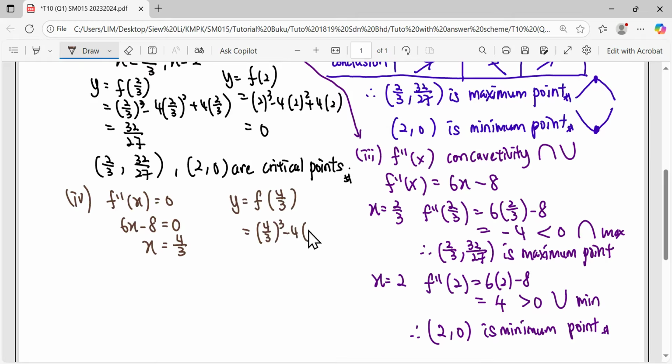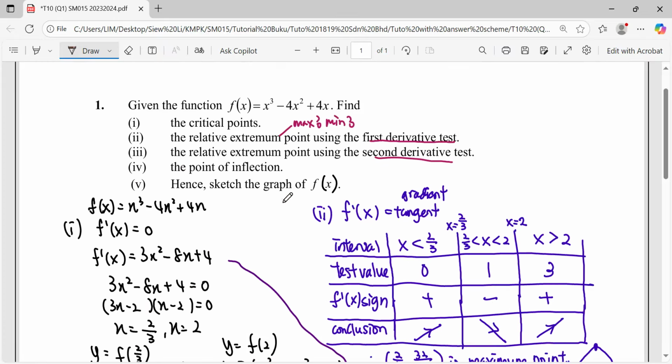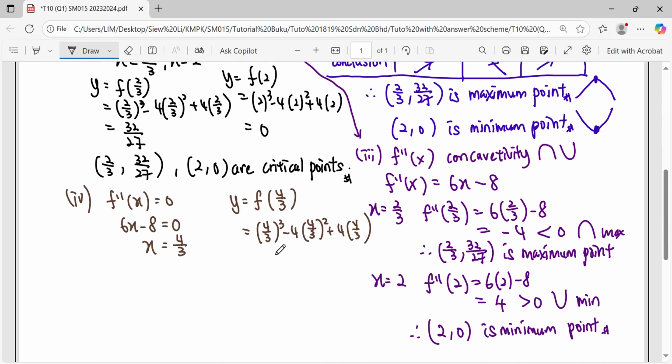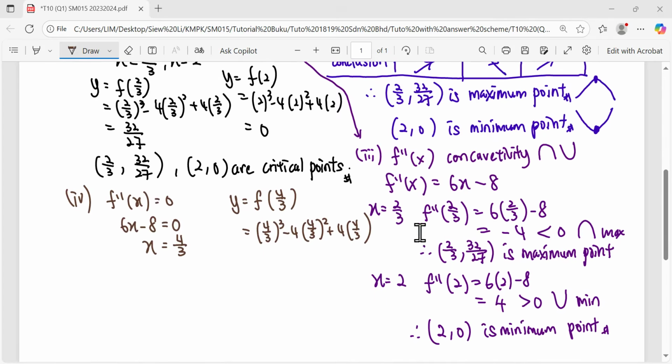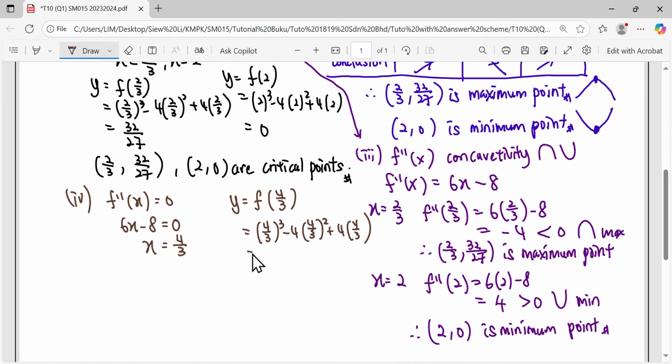x cubed minus 4x squared plus 4x. So when you want to find the coordinate, we substitute back into the original function to find the y coordinate. Therefore, the coordinate that we get here might be an inflection point.